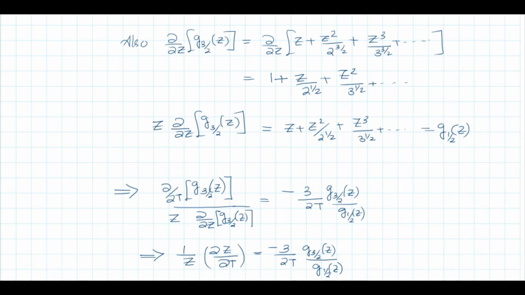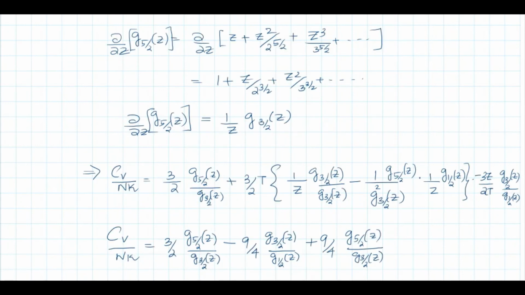Here, this left hand side you can write as 1 by z into dou z by dou t, because dou g 3 by 2 z is there in both the numerator and denominator. So you can write this left hand side as 1 by z dou z by dou t equal to minus 3 by 2t g 3 by 2 z by g half z.